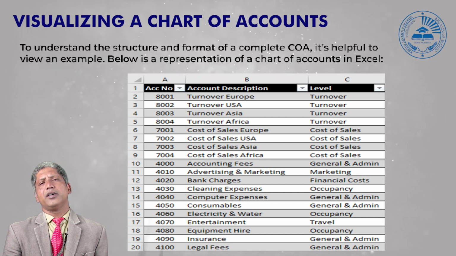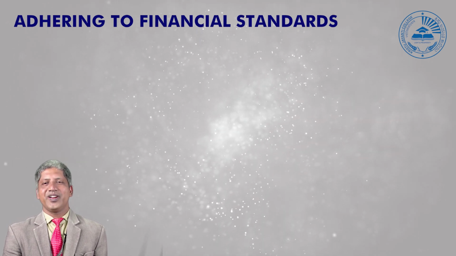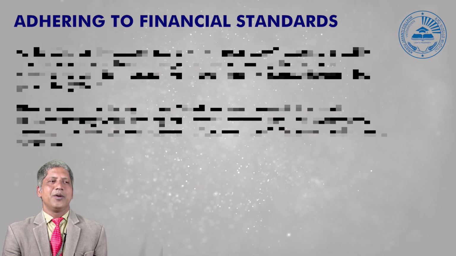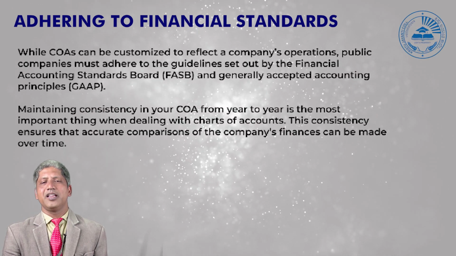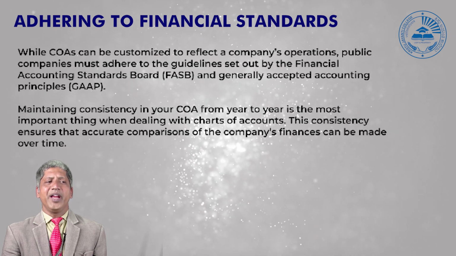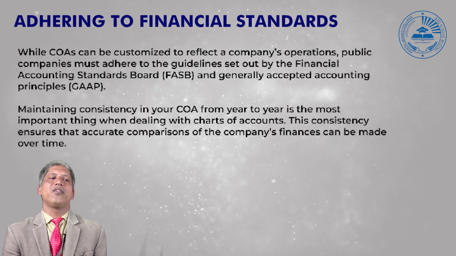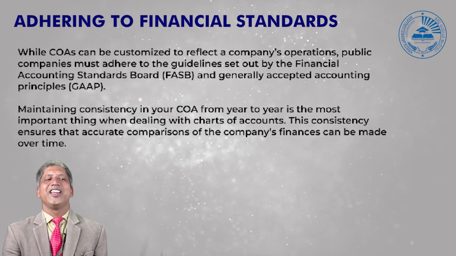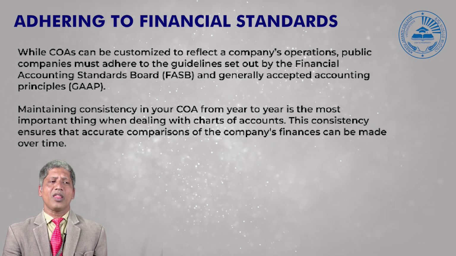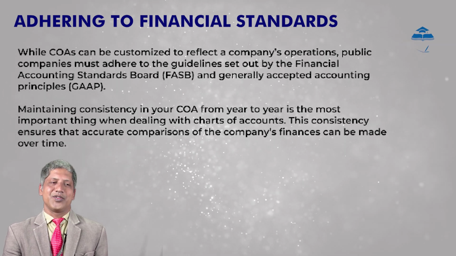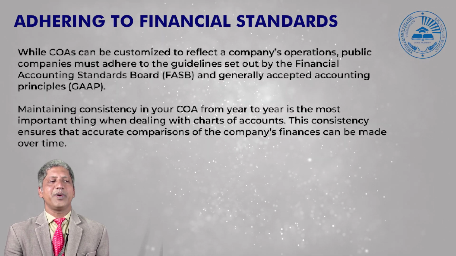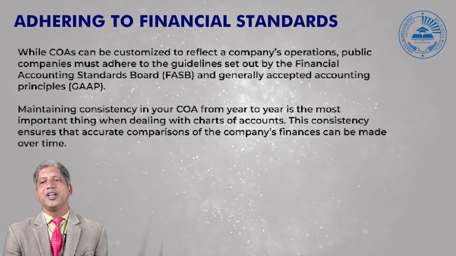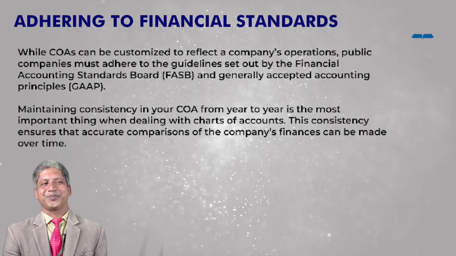Adhering to the financial standards: while a chart of accounts can be customized to reflect the company's operations, public companies must adhere to the guidelines set out by financial accounting. Maintaining consistency in your chart of accounts from year to year is the most important thing. This consistency ensures that accurate comparisons of the company's finances can be made over time.